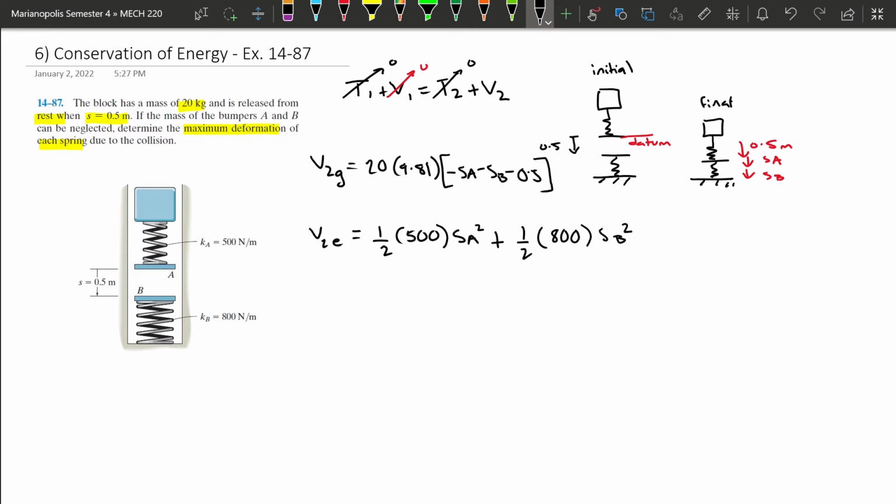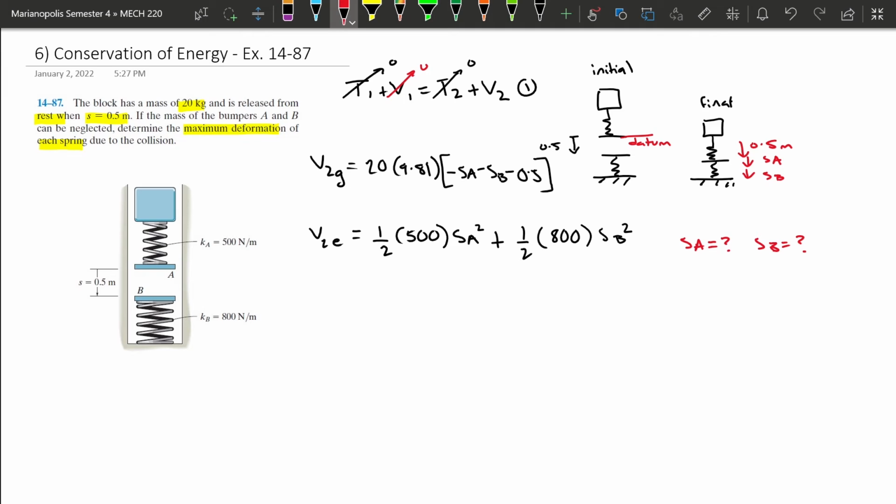So now we have our V2, but the thing here is we have basically one equation with two unknowns, SA and SB. So we need to relate them somehow with another equation so we can solve. So what other equation can we use?